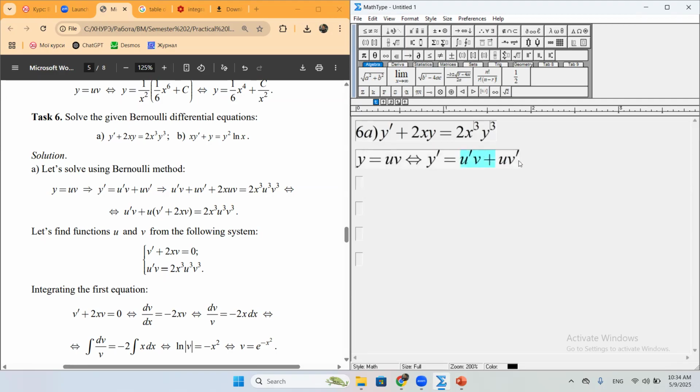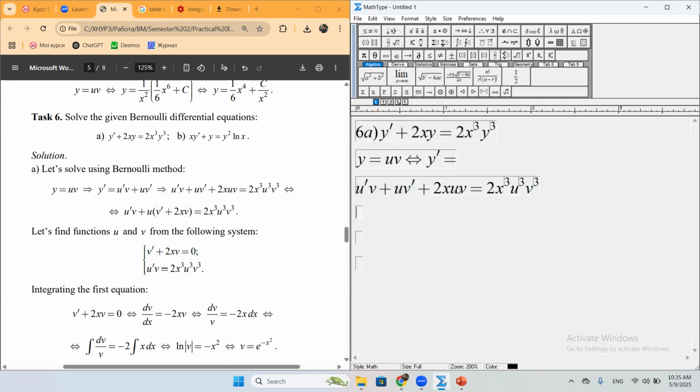So now let's write down the equation with this substitution. u prime v plus uv prime plus 2x uv equals x cube u cube v cube.